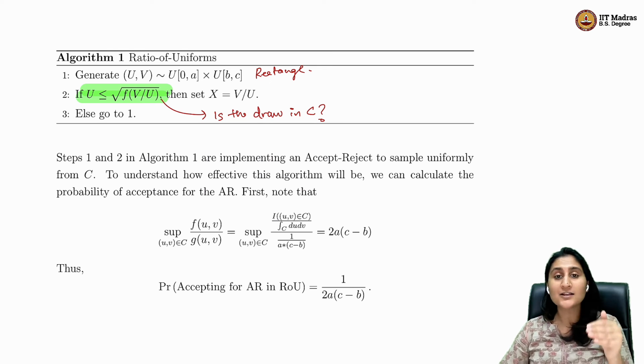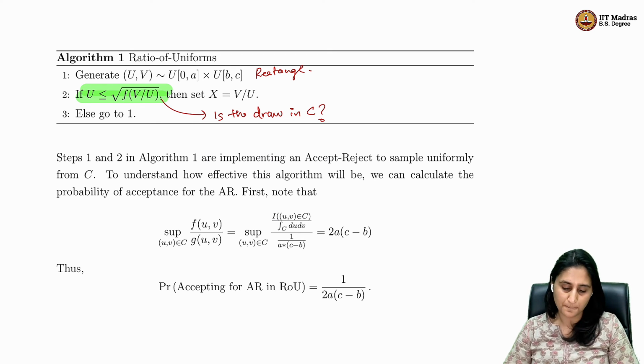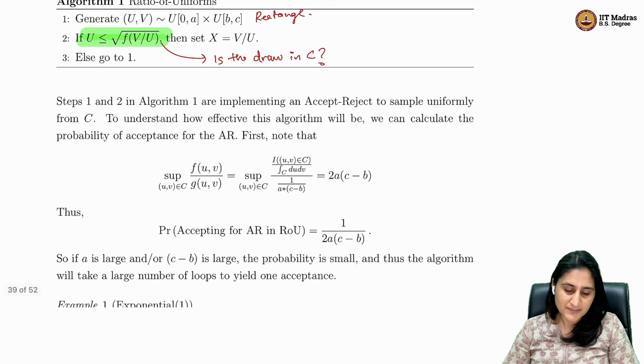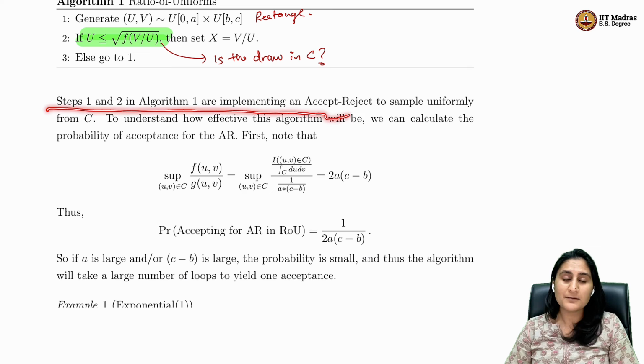So this is actually an accept reject embedded within this ratio of uniforms. If we can draw uniformly from the set C in some direct way, then we will not need accept reject at all. So that's exactly what this is saying, that steps 1 and 2 in algorithm 1 are implementing an accept reject to sample uniformly from C.